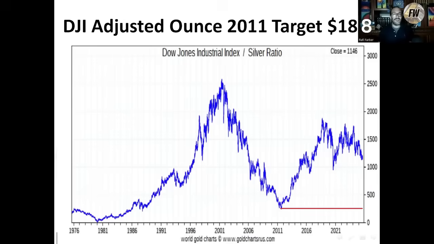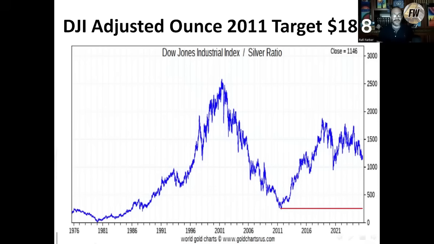The Dow Jones Industrial Adjusted Ounce 2011 target for silver. So we're going to take the Dow Jones ratio to silver back at the 2011 high. This is not the 1980 high. That's a separate chart. We're going to get to that in a minute. The 2011 high was at about 250 ounces of silver for one Dow Jones Industrial unit, and we are at 1146.